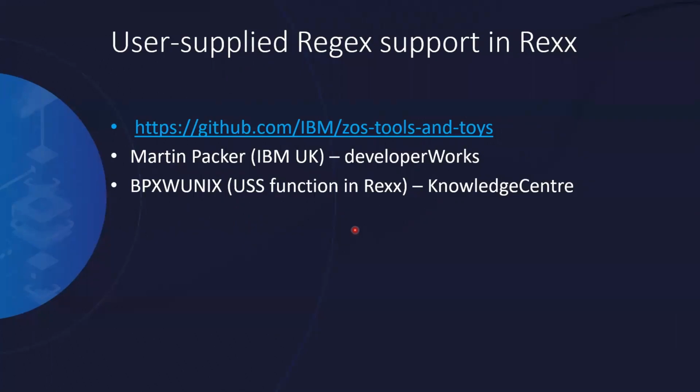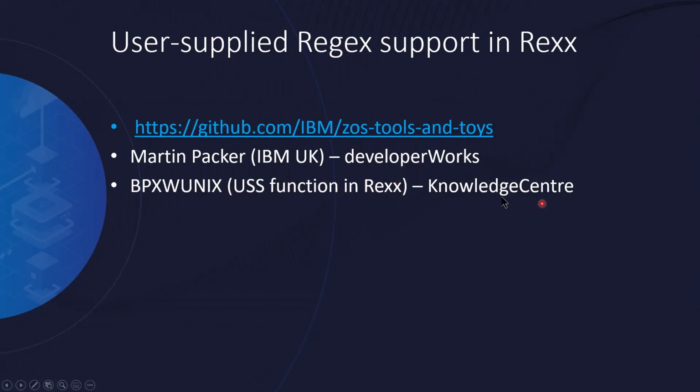Martin Packer, however, performance expert for IBM, who is probably currently presenting as we speak on another stream at the GSE conference, has put up some of his own stuff in GitHub, also on his own page on DeveloperWorks, or whatever that's called now. I think IBM have reinvented it.